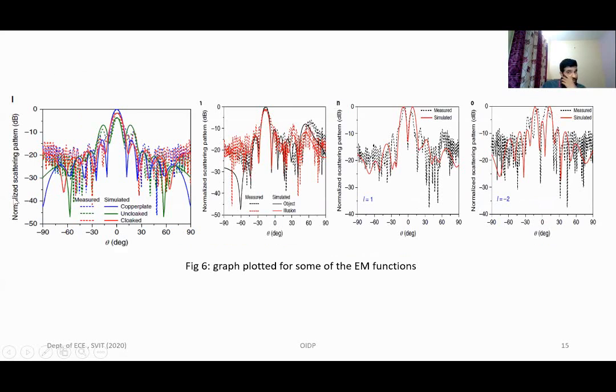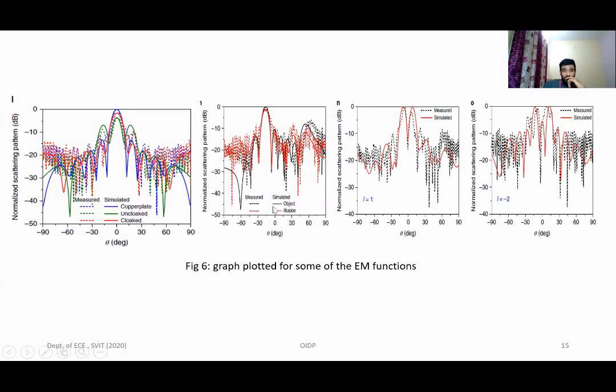So these are the graphs obtained with respect to electromagnetic functions. The blue line, the green line indicates the unclocked sample, and the red line indicates the clocked sample.